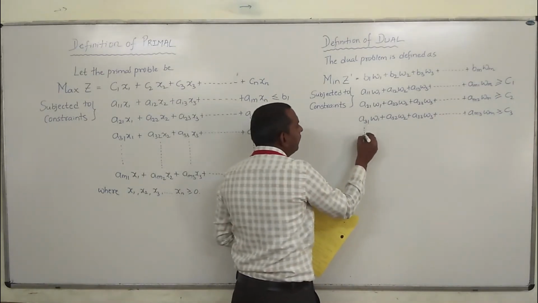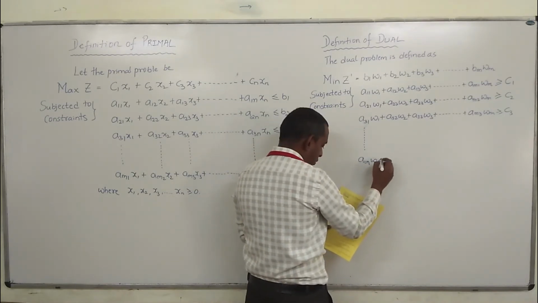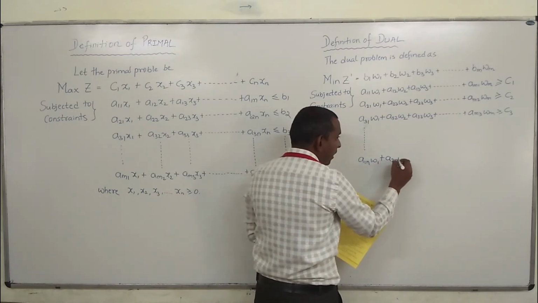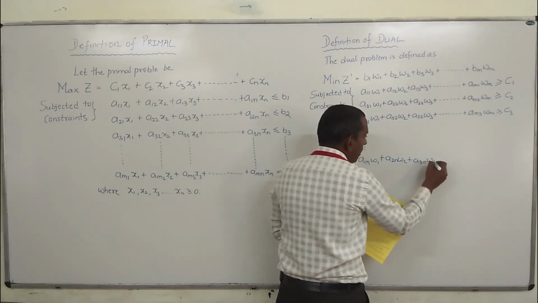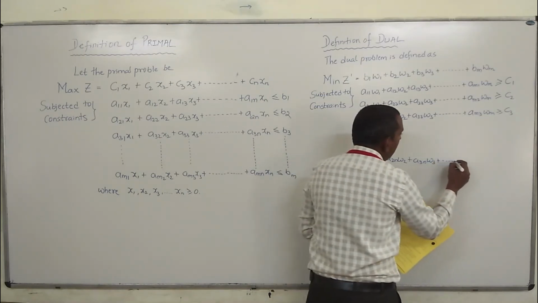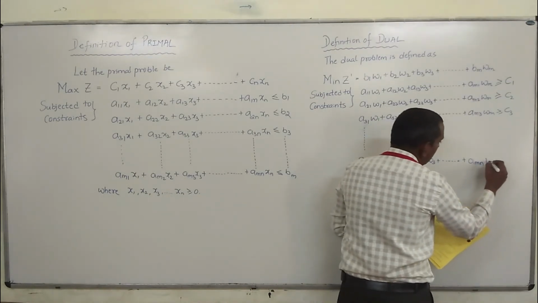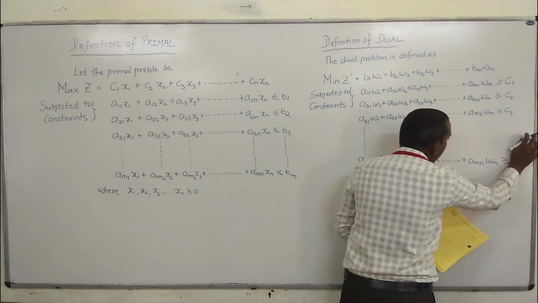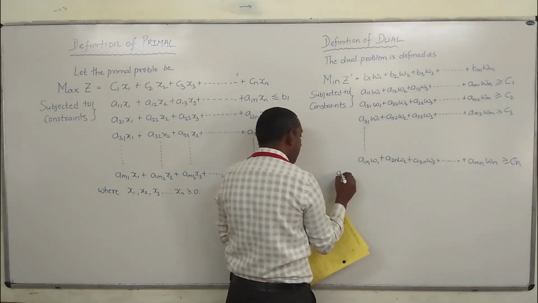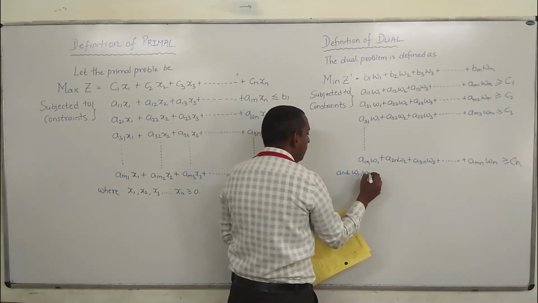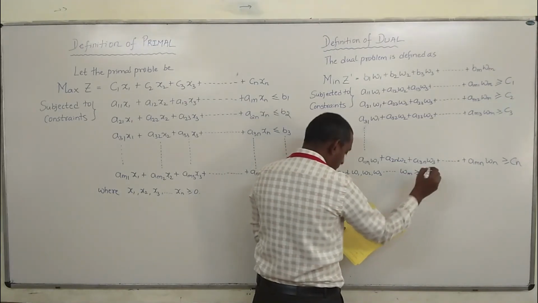Continuing like this, a1n w1, a2n w2, a3n w3 and so on, plus amn wm greater than or equal to cn. Where w1, w2, w3 up to wm are greater than or equal to 0.